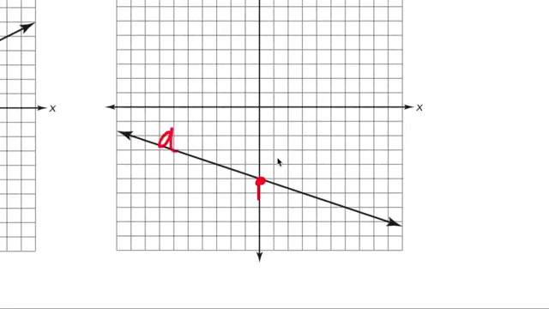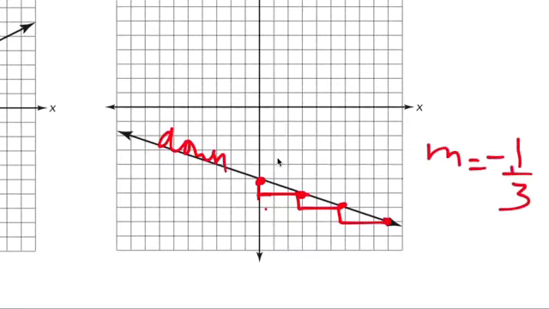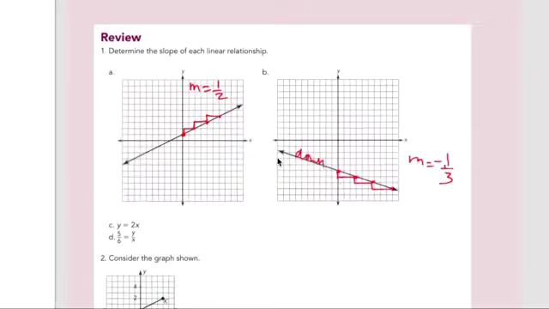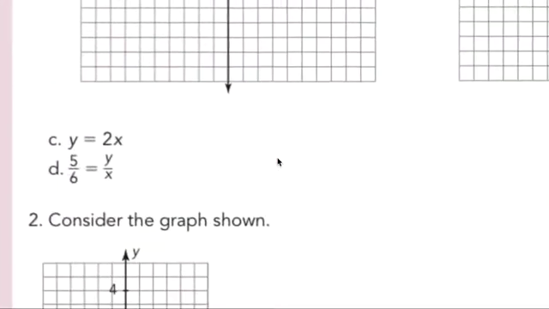So going down 1 over 3 works each time. Okay. The slope here is 2.